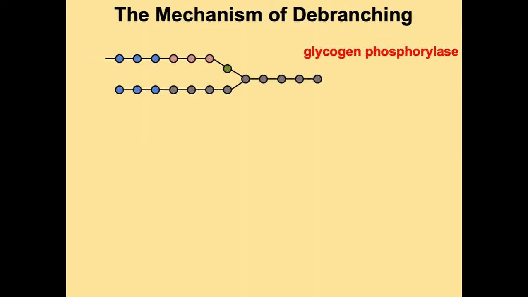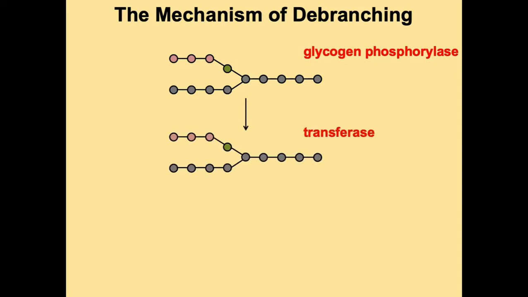So how does this actually work? If we look at a molecule of glycogen, from the non-reducing ends, glycogen phosphorylase will cleave those glucose 1-phosphate molecules from the glycogen. However, we then reach a point where there are 3 glucose molecules left, and this is where the transferase activity of the debranching enzyme comes in.